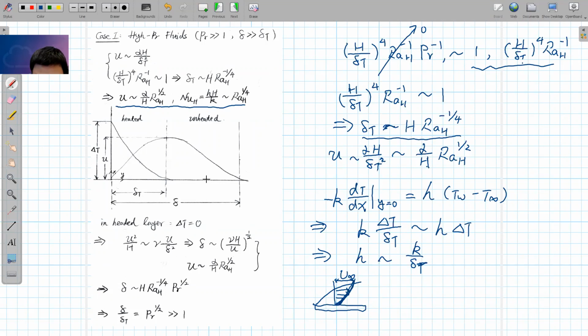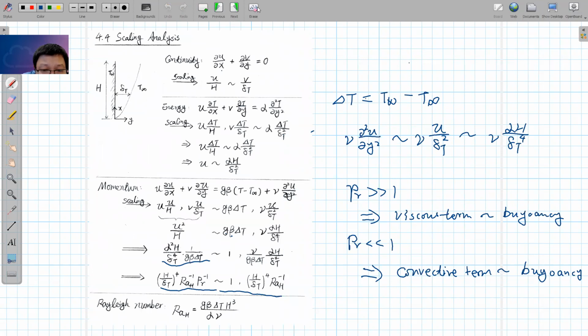Why does this happen? The reason is very simple: it is the complication we have in the momentum equation, because we know that the momentum equation gives us the result for the velocity. If we go back to the momentum equation, the reason it becomes complicated for the velocity is that in the momentum equation we have three terms: the convection term, the buoyancy term, and the viscous term, okay?